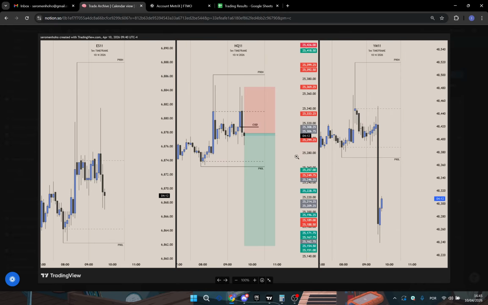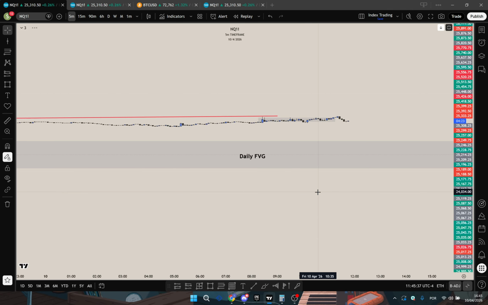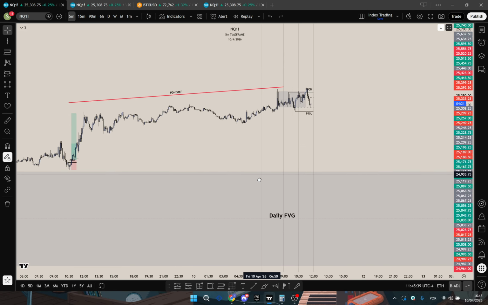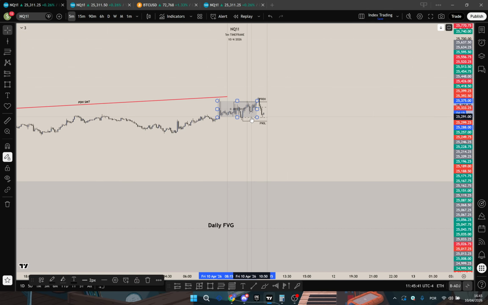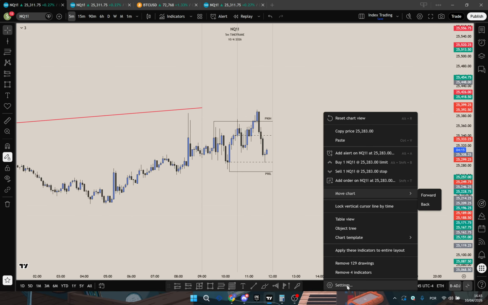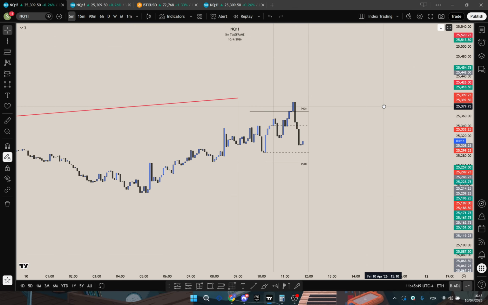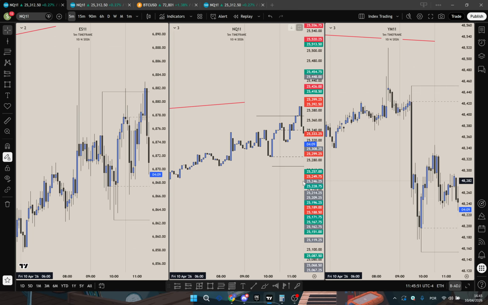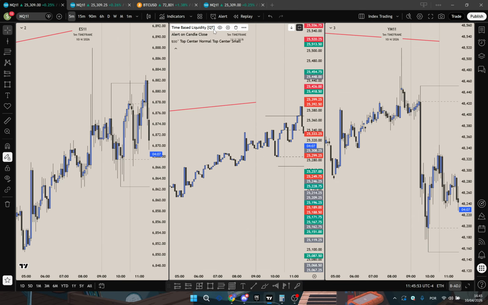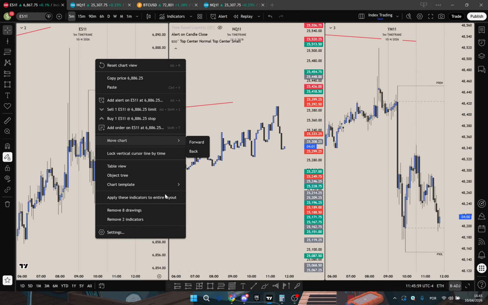This is easier to visualize if I just turn off the wicks, because this is an SMT with the bodies. So if I turn off the wicks right here, oh crap, sorry.